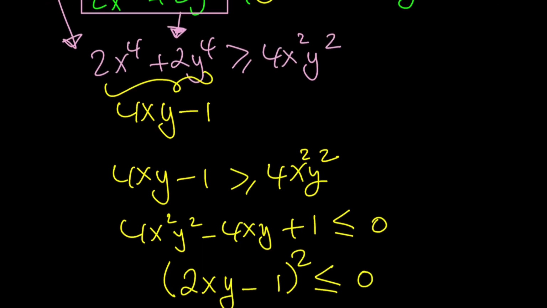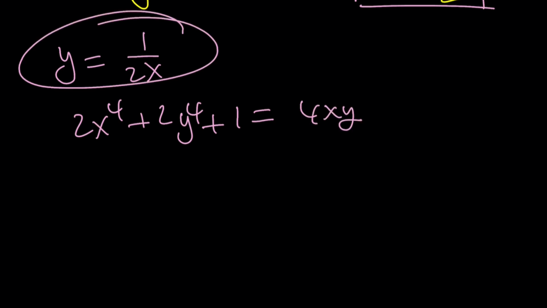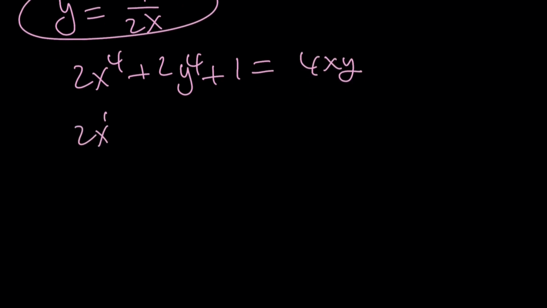2x to the fourth plus 2y to the fourth plus 1 equals 4xy. Now I'm going to replace y with 1 over 2x. 2x to the fourth plus 2 times y to the fourth, which is 1 over 2x to the fourth power, that's going to replace y, plus 1 equals 4x times y.